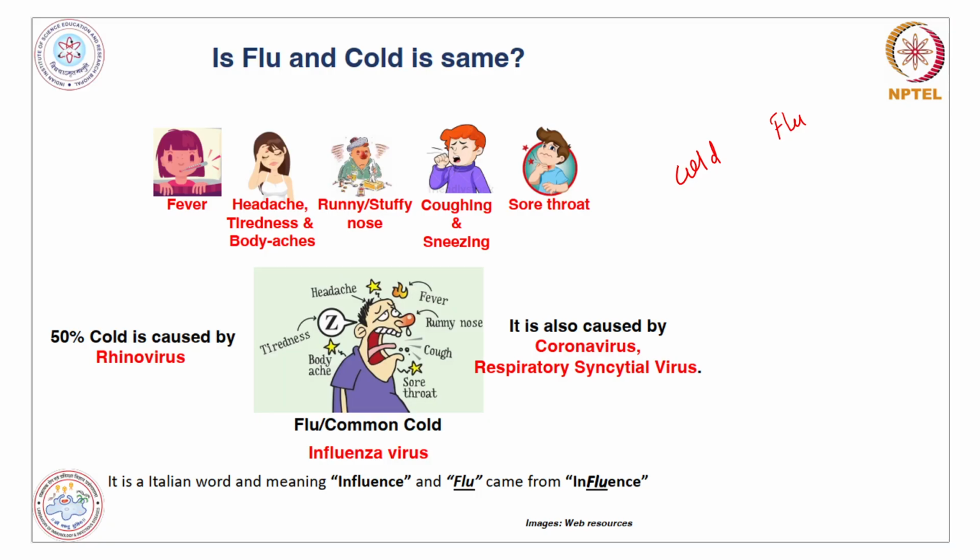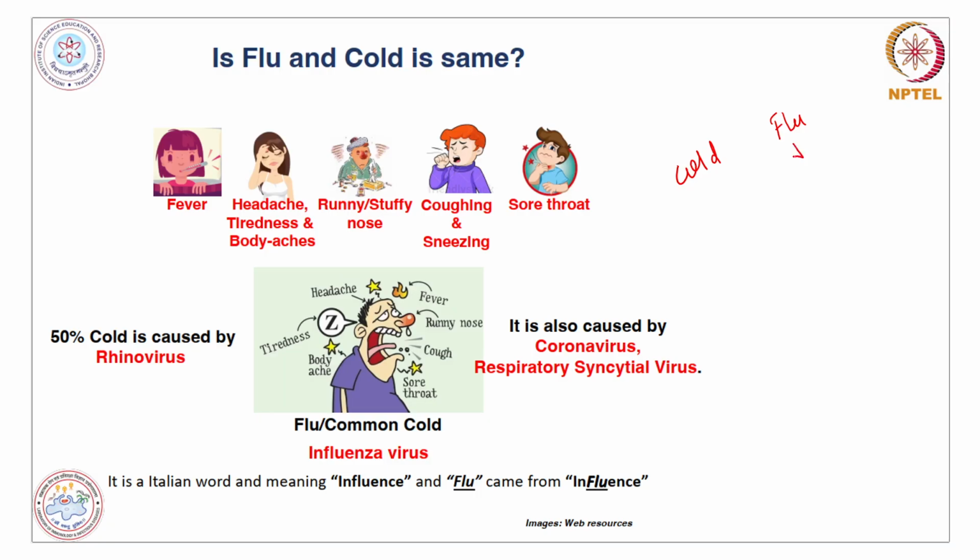Sometimes you feel you are not well, you are getting some cold, you have a stuffed nose or some body pain. Then after 1 or 2 days you get a high fever. So that is your cold. But flu is sudden. Morning you are fine, evening you have a high fever. So that is your flu.